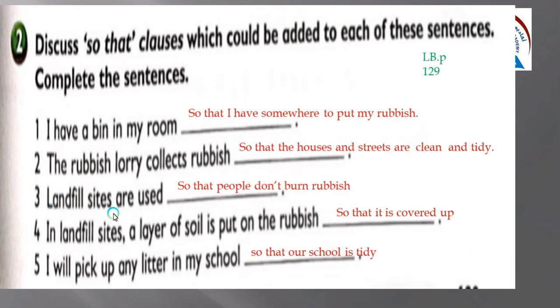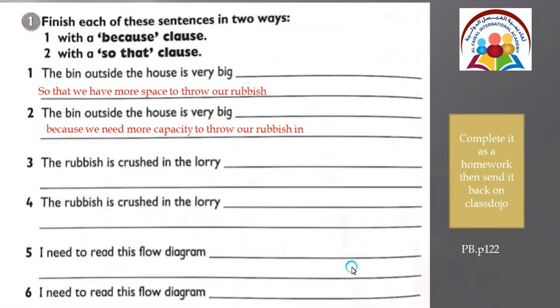Landfill sites are used. Why? So that people don't burn rubbish. In landfill sites, a layer of soil is put on the rubbish so that it is covered up. I will pick up any litter in my school so that our school is tidy.